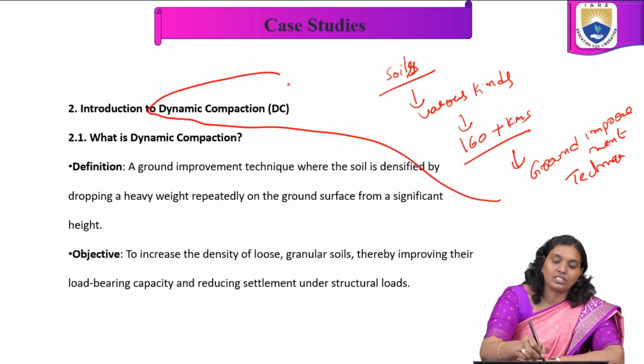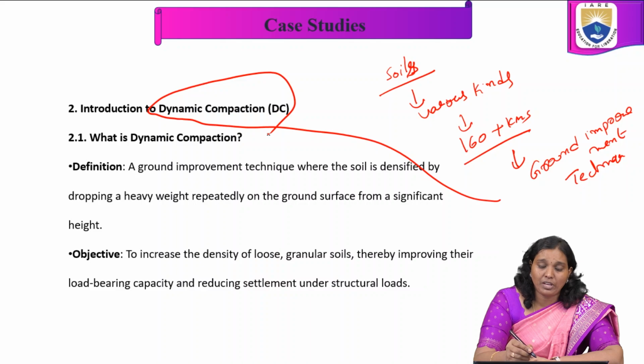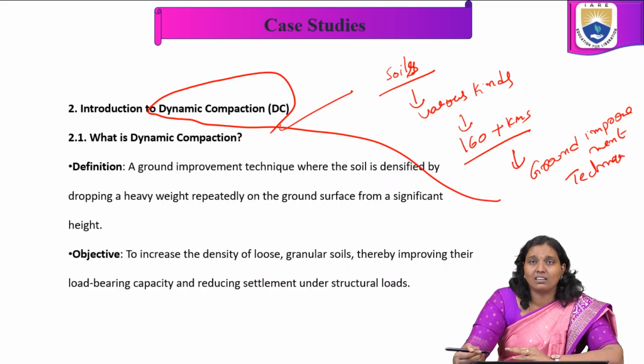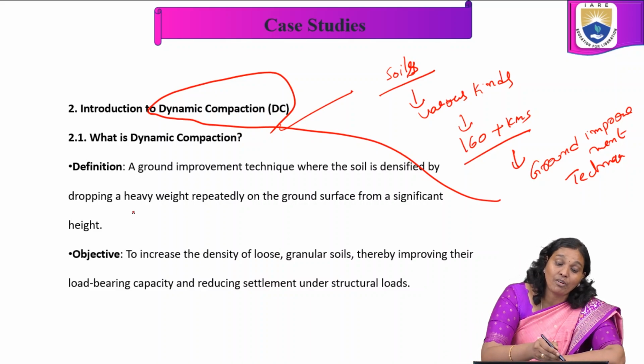dynamic compaction. What is meant by dynamic compaction? It is a ground improvement technique where the soil is densified by dropping a heavy weight.